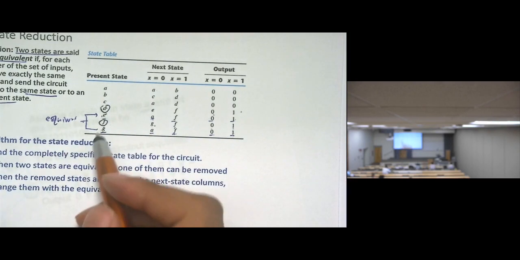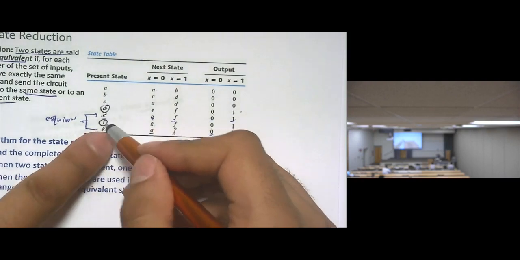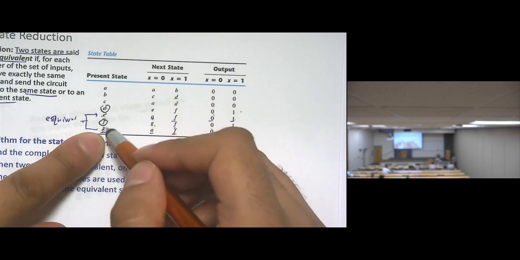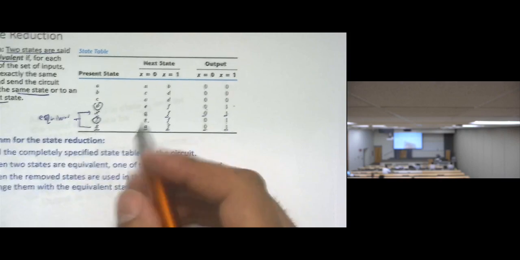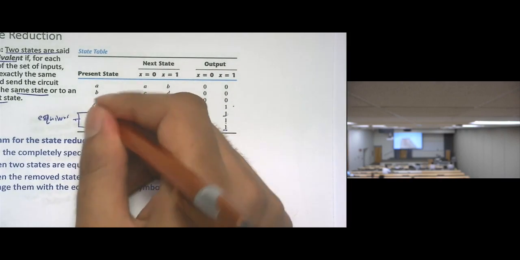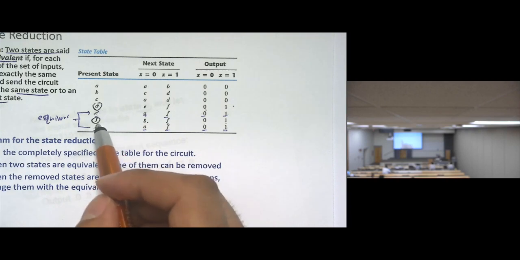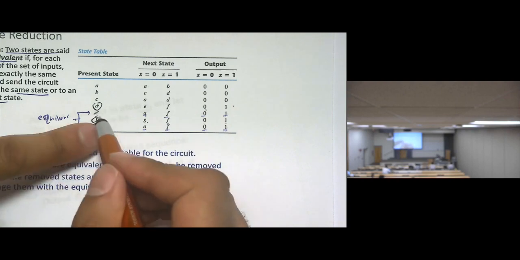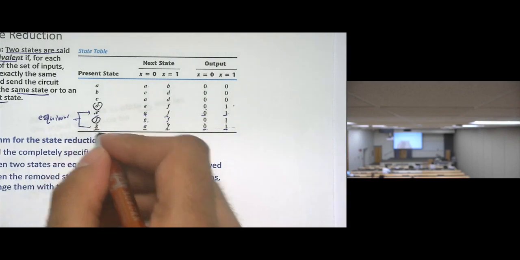How can we replace those? For the first part, let's assume that we don't know about D and F. Let's replace E and G. So by replacing E and G, redraw the same table and substitute. You might choose E, you might choose G. Let's get rid of G and replace every G by E. So we will remove this part as if it doesn't exist.